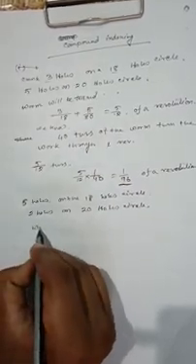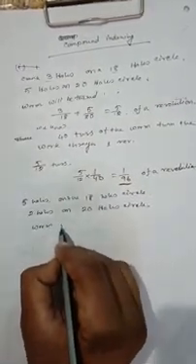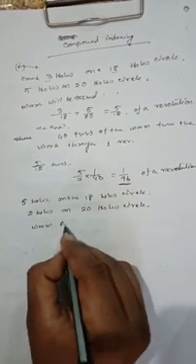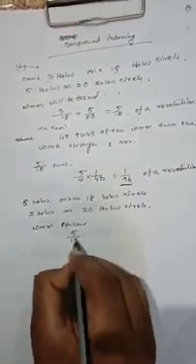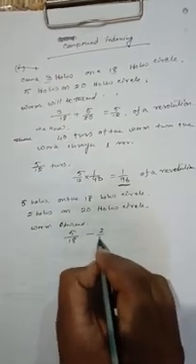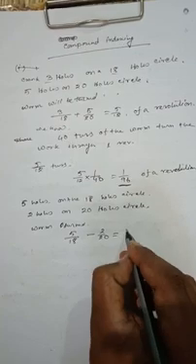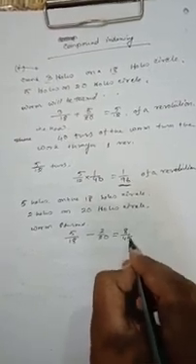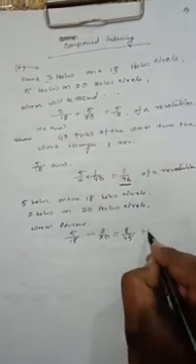Then the worm turns 5 by 18 minus 2 by 20, which is equal to 8 by 45 of a revolution.